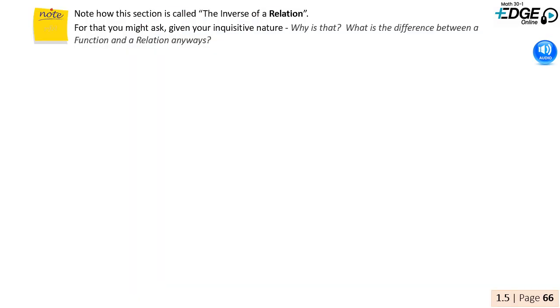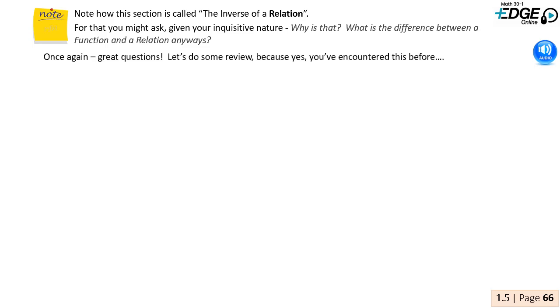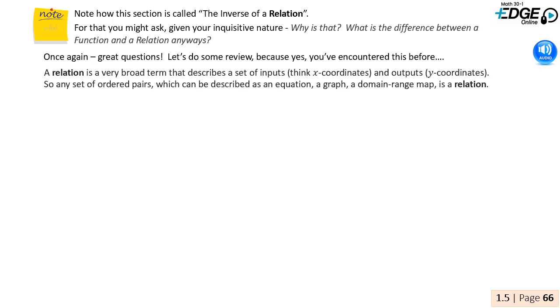You may have noted that the title of this section is the inverse of a relation, and yet in many of our previous examples, we've used the word function. So what is the difference between a function and a relation? A relation is a more general term than a function. It describes a set of inputs that correspond to a set of outputs.